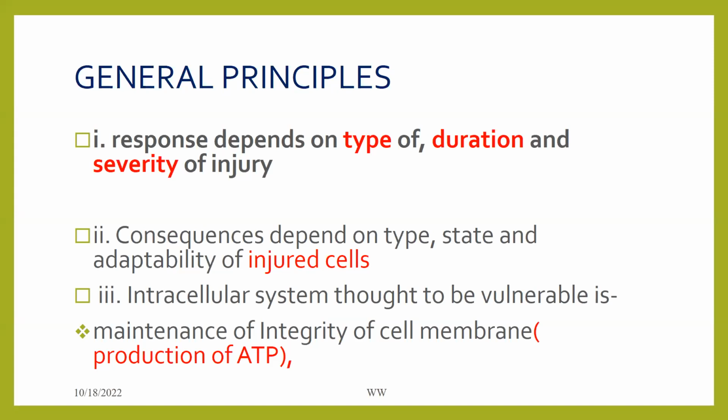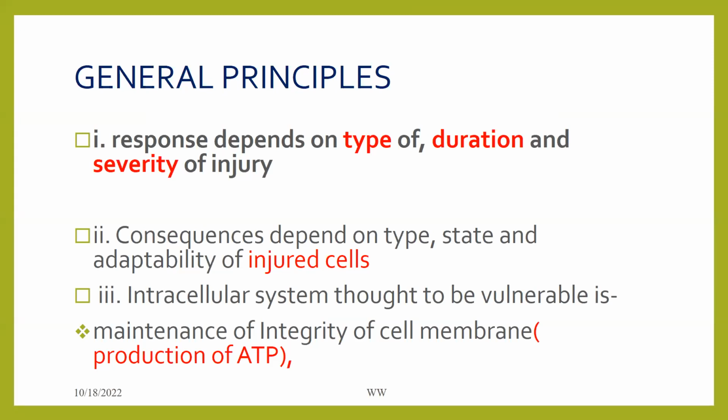All the cells don't have the same capability. They have different capabilities, and we shall see, depending on the capability to react to injury and regenerate, how cells adapt to injury or the effects of injury on the cells.